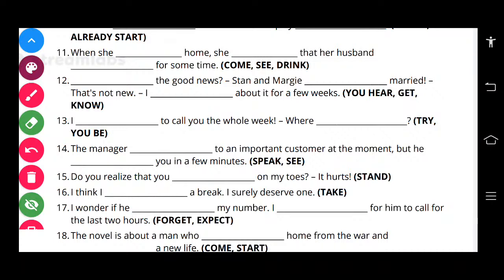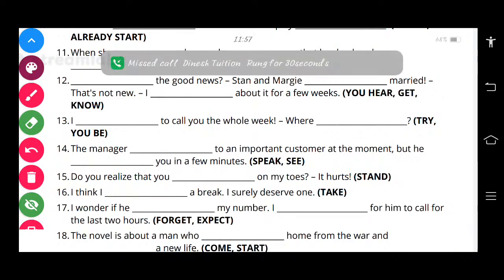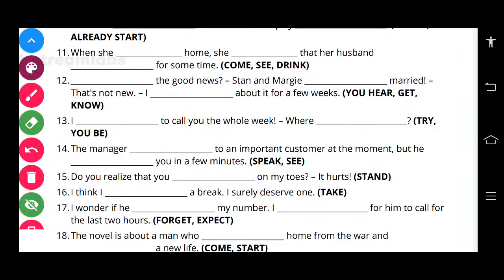When she dashed home, she dashed, okay. When she came home, she saw that her husband had been drinking for some time.